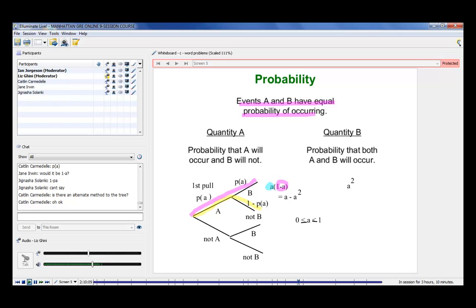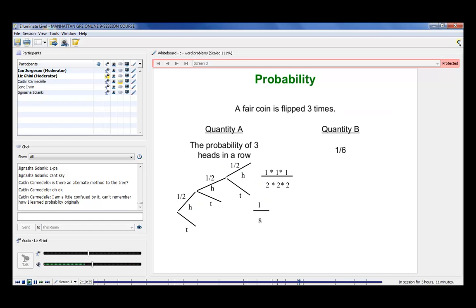Are you not so happy with the tree? Not so sure? I generally find that, and I'll wait for Caitlin to finish typing, I use the tree for the hard ones, but now that I've practiced, I usually write it out with the fractions. You're a little confused by it? Okay. Okay, let's go back.